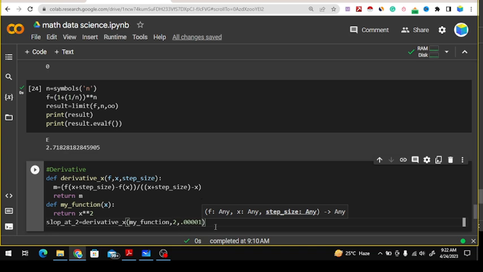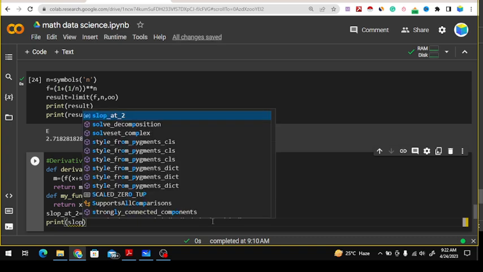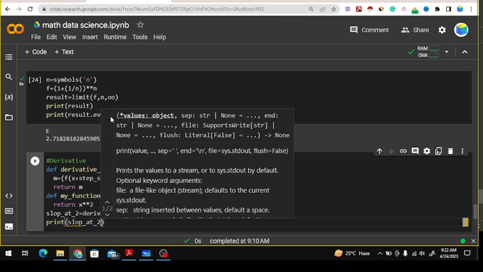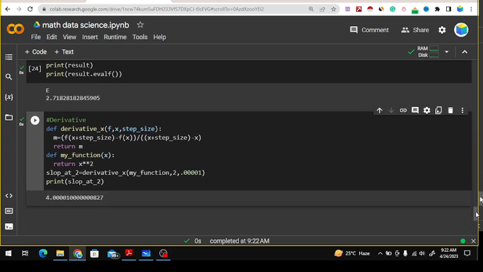And now I want to print slope_at_the_rate_of_2. Let's see what happened. You can see here your output is 4.00.